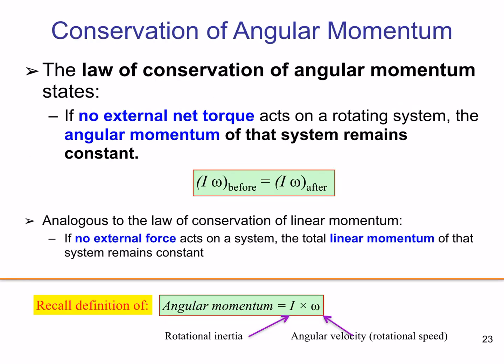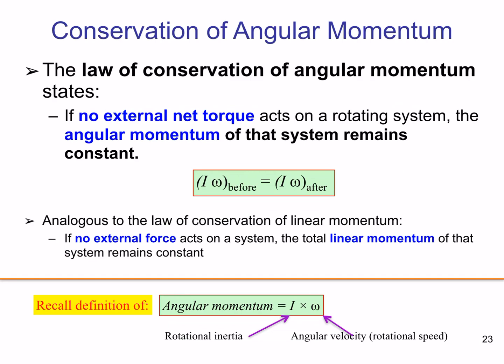An important thing to know about angular momentum is that, like linear momentum, it is a conserved quantity. We had the law of conservation of linear momentum, and likewise we're going to have a law of conservation of angular momentum, which basically says that as long as there are no net external torques, then the initial angular momentum should equal the final angular momentum.